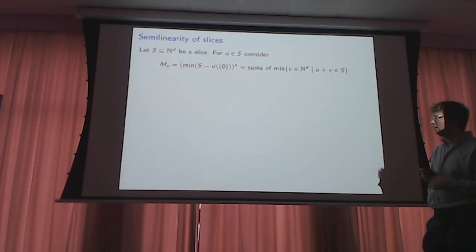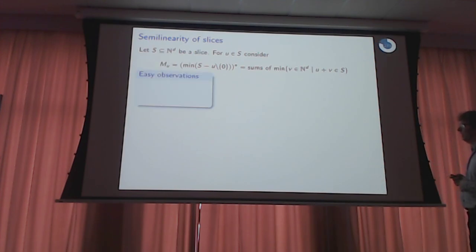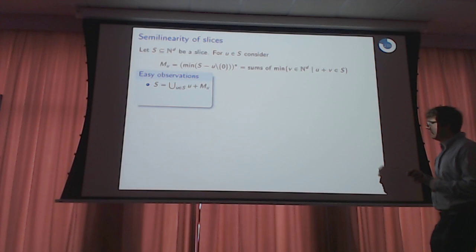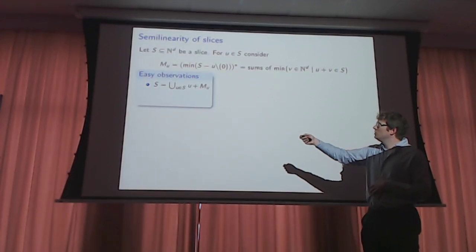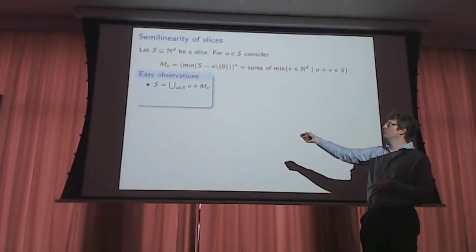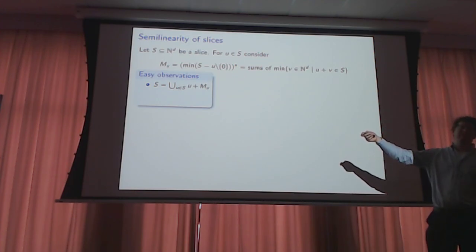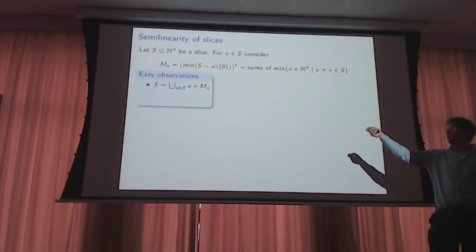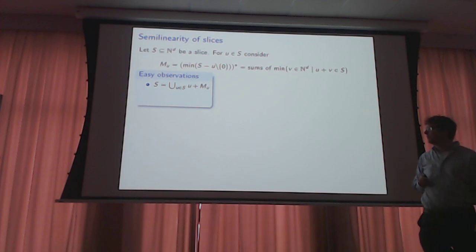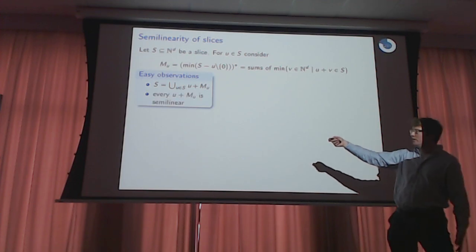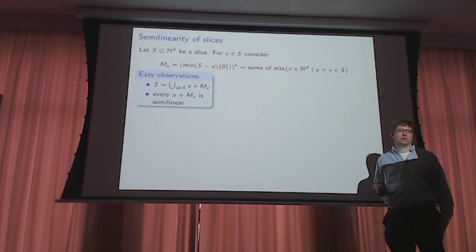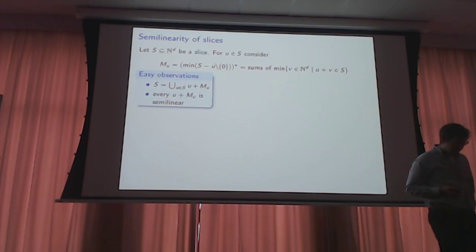Okay, this is the key notion. Easy observation: the entire slice is the union of all these patches, where you take U plus this monoid. And trivially, because this monoid contains the 0 element, U plus M_U contains U in particular. This is trivial. And also, each of these patches is semilinear, because M_U is semilinear.